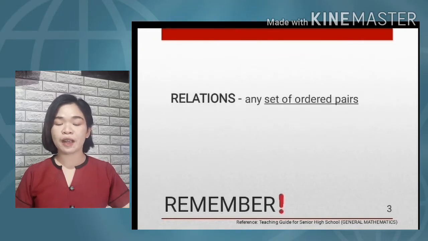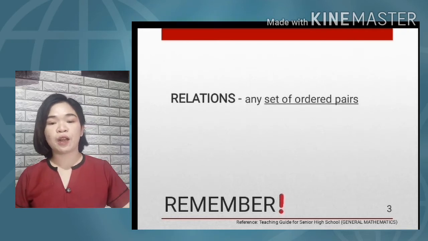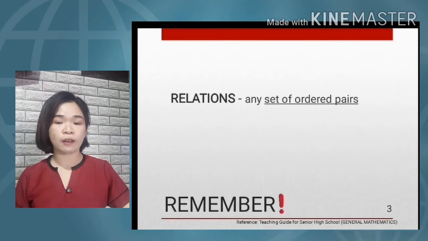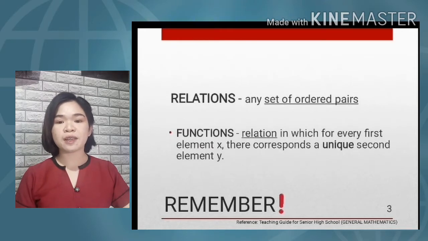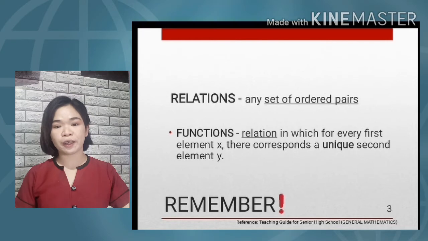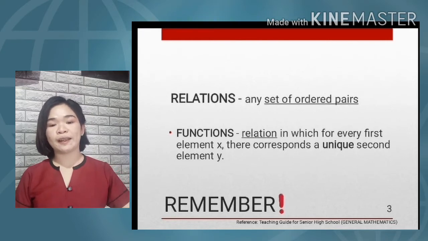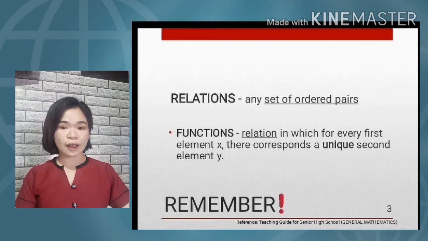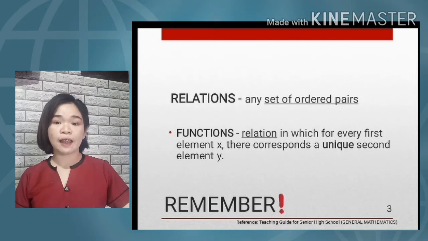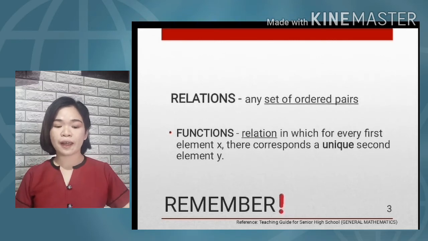We say that a relation is any set of ordered pairs, wherein we have many pairs of numbers, and we consider the first coordinate as the domain or the x, and the second coordinate as the range or the y.